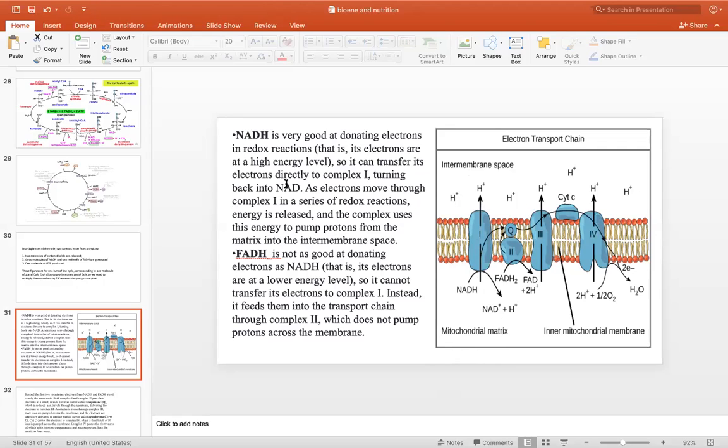As electrons move through complex 1 in a series of redox reactions, energy is released, and the complex uses this energy to pump protons from the matrix to the intermembrane space.